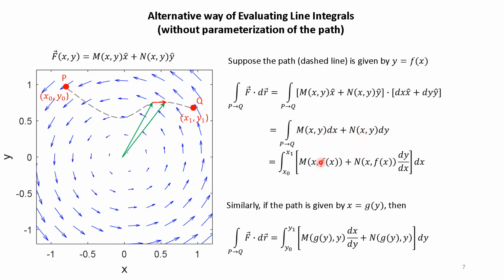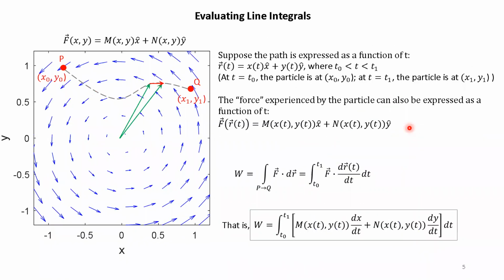I can further rewrite the whole thing as an integral over dx, but then I have this dy dx to take care of. So then I just need to do this dy dx, and I'll be able to know my integral. This is slightly different from what we do here, where we have to rely on dx dt and dy dt, and then integrate over dt.